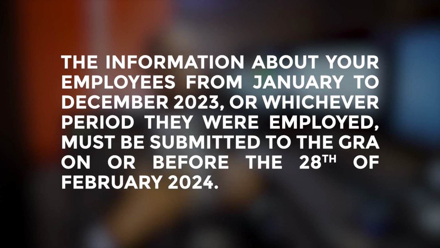So in order to help employers comply with the correct submission of this information in the manner prescribed in the Act, the submission must be done online via GRA's Optimal Revenue Management System's eServices platform. Now, this is a lot better than the previous system, which was manual, which required the employer to complete a declaration sheet, an Excel sheet, and a summary sheet in triplicate, and then take a trip to the GRA and stand in line, which, as we all know, has a lot of transaction costs and time, and is sometimes error prone.